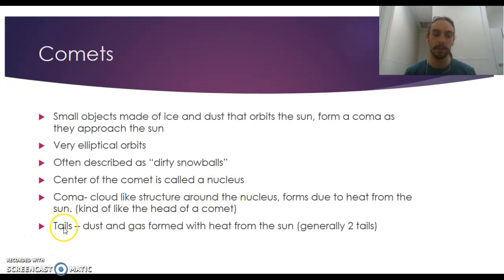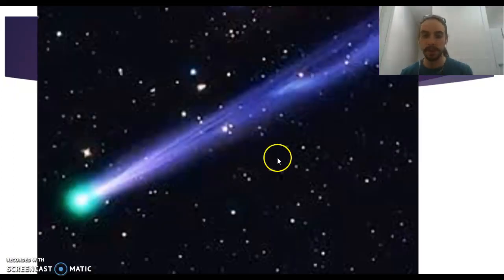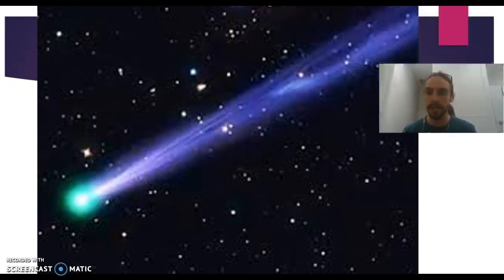And then they have tails. So their tails are just dust and gas. They're formed with the heat from the sun, and they generally have two tails, so they kind of split off behind the head. Imagine if something's coming towards me, and then it hits and it goes back. So my head would be the coma, and then inside my brain would be the nucleus. It's kind of a weird way of thinking about it, but I just made that up.